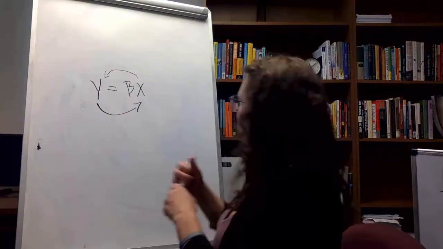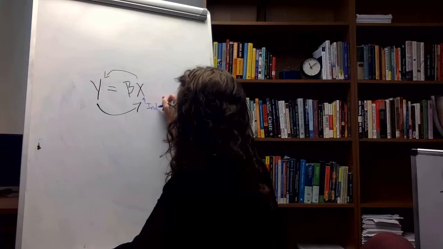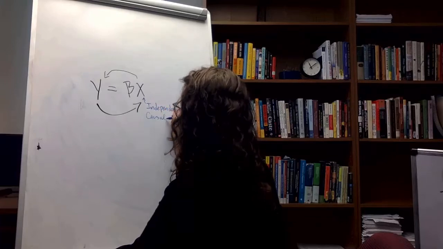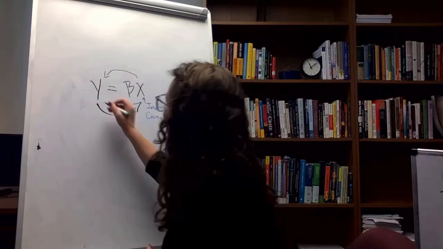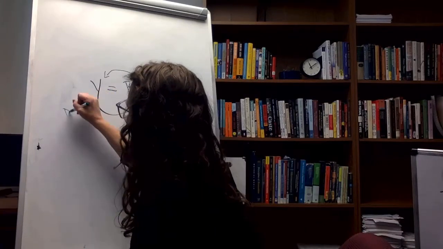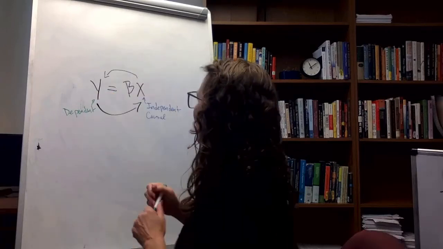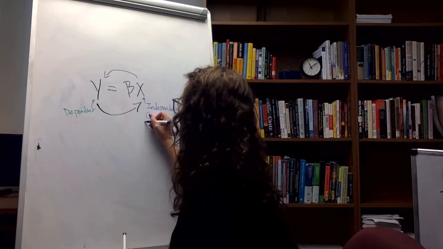Real quick, we have our x, which is our independent variable. It's also known as our causal variable. And then we have our y, which is dependent on x. We can also think about our x's as being explanatory.